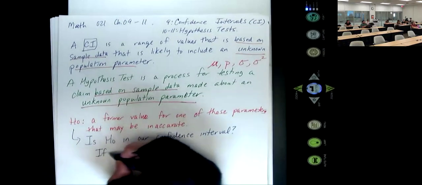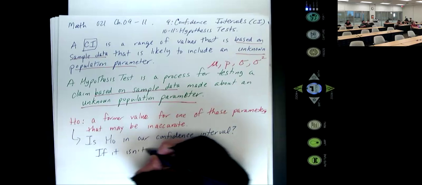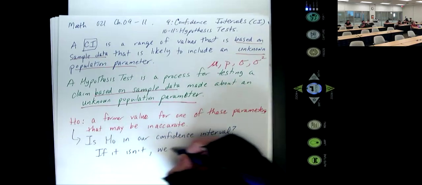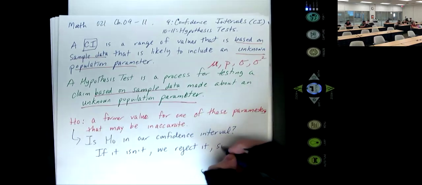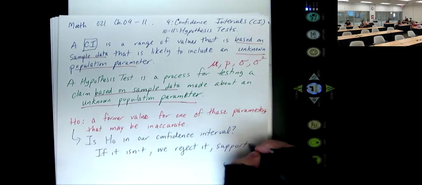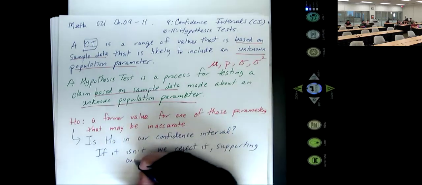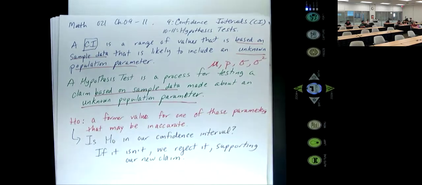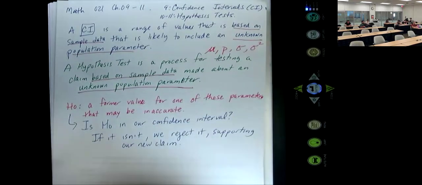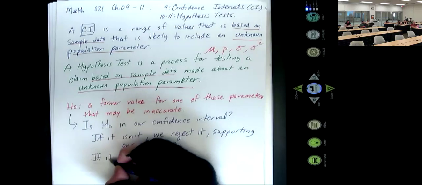If it isn't, we can reject it, supporting our new claim. If it is, we can't reject it.